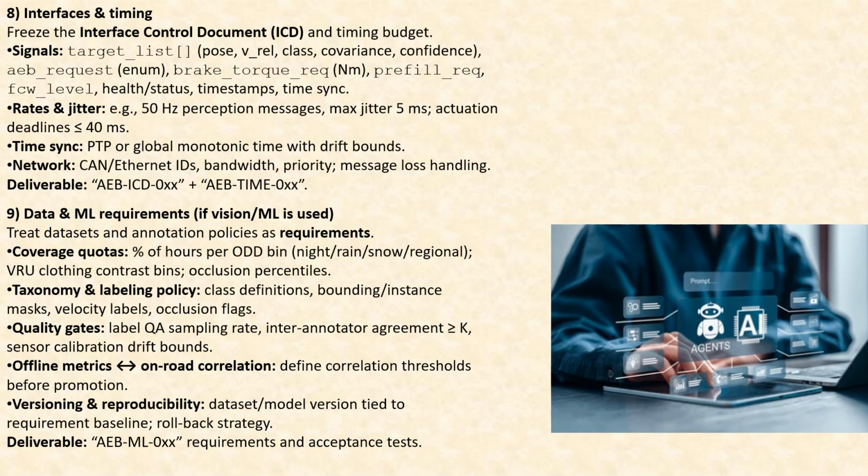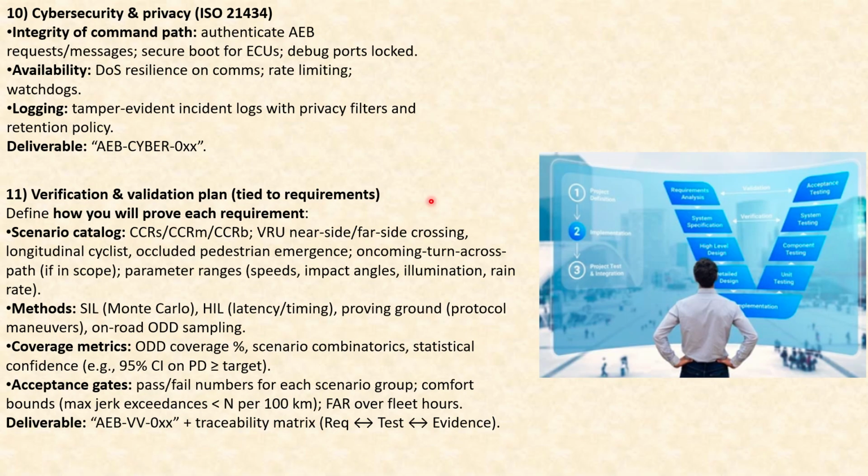All right. So to proceed further, next comes the most important aspect, which is cybersecurity and privacy. Even while developing the AEB, you have to ensure nowhere is it vulnerable to a cyber attack. So you have to take care of the integrity of the command path, authenticate AEB request messages, secure boot for ECUs, and locked debug ports.